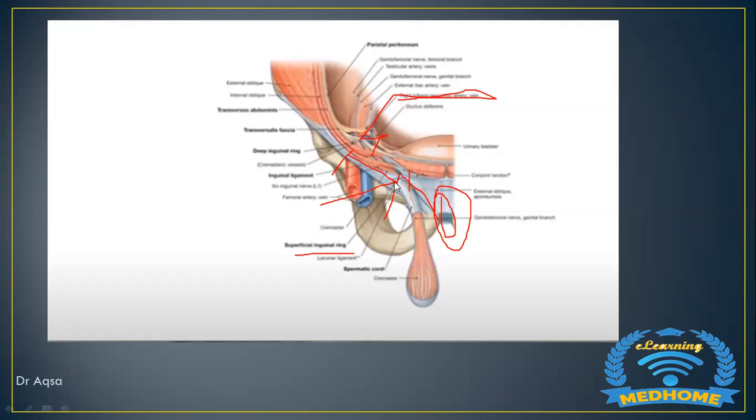On the anterior side, it is formed by the aponeurosis of the external oblique and internal oblique muscle. Posteriorly, we have the transversalis fascia, and medially, the strength is given by the conjoined tendon.